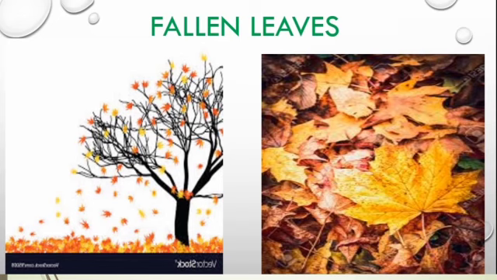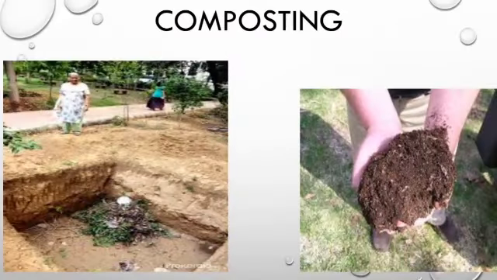A good and environment friendly way to dispose these fallen leaves is to compost them. We can use the fallen leaves to make manure by composting them in a compost pit. What is composting?